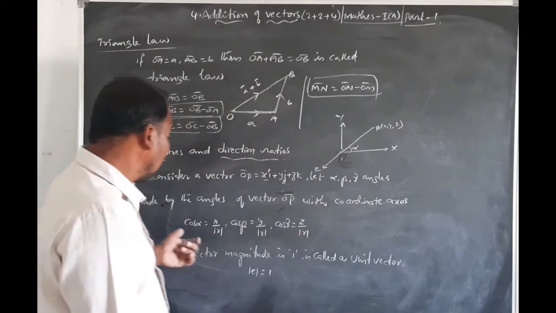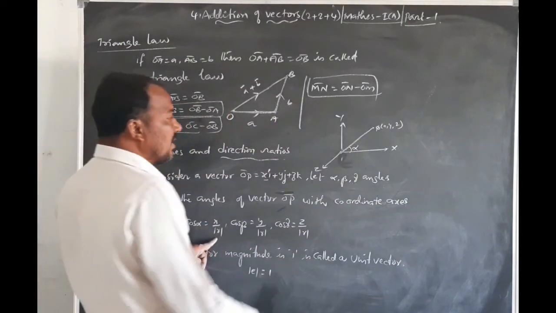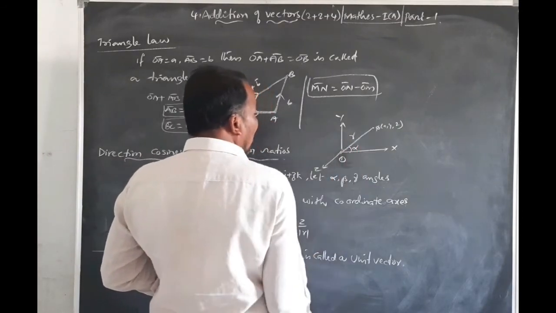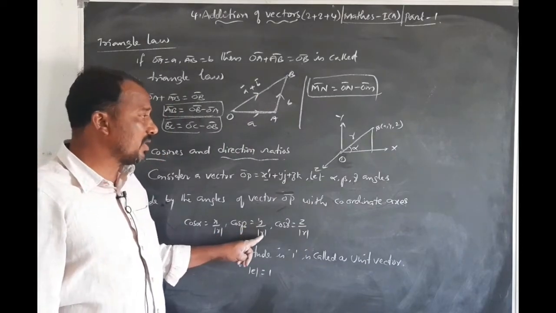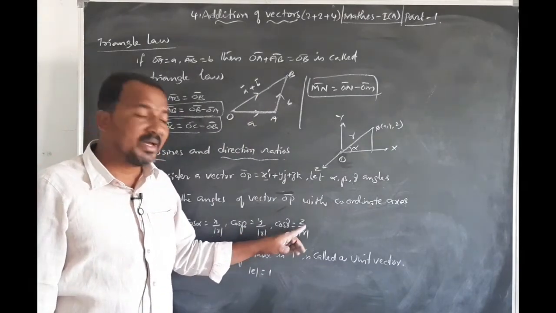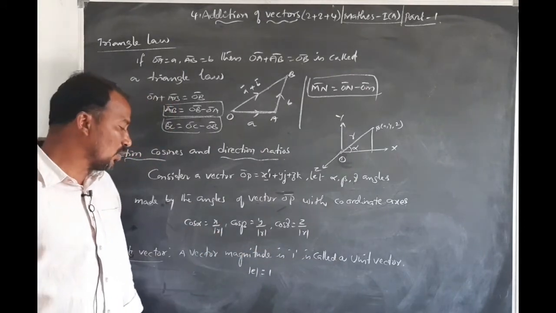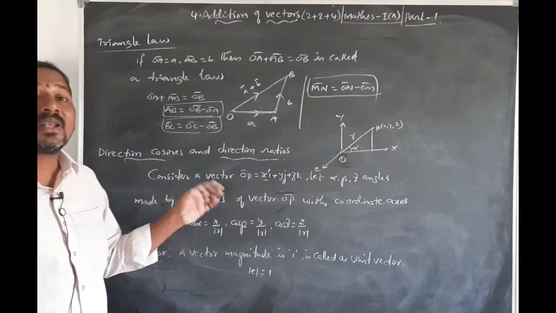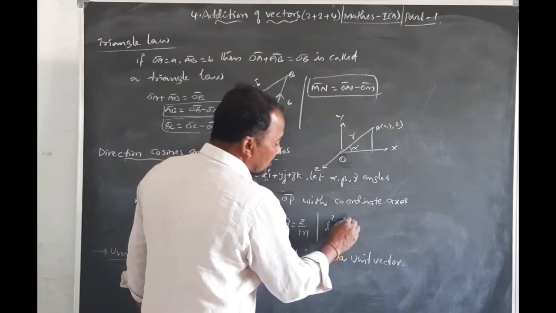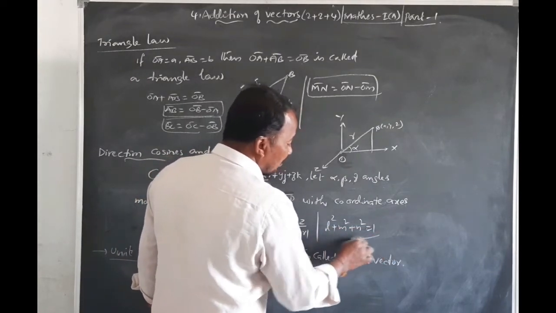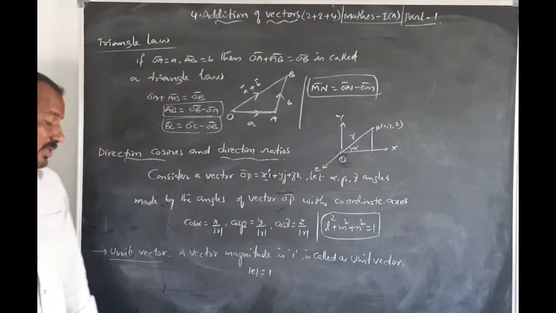So cos alpha equals x by mod r, cos beta equals y by mod r, cos gamma equals z by mod r. These are called direction cosines. They are denoted by l, m, n. Here l square plus m square plus n square equals 1.